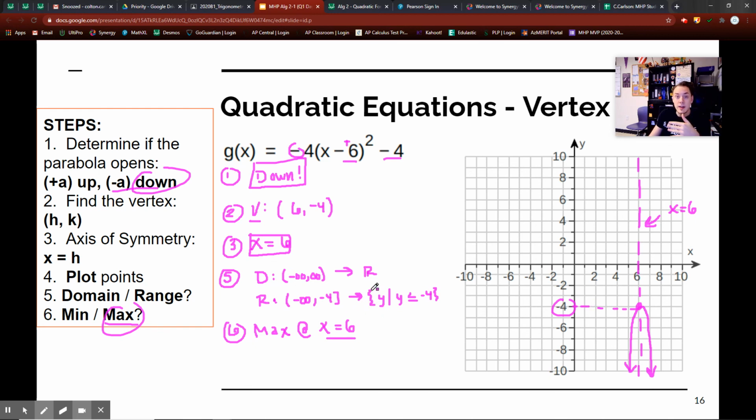And so my set notation will look like the set of all y's such that y is less than or equal to -4. Because it exists in all these negative numbers that are less than -4, and it doesn't exist above -4. And then, of course, my max, because instead of a min, it's an actual max, is at x equals 6, my axis of symmetry there.